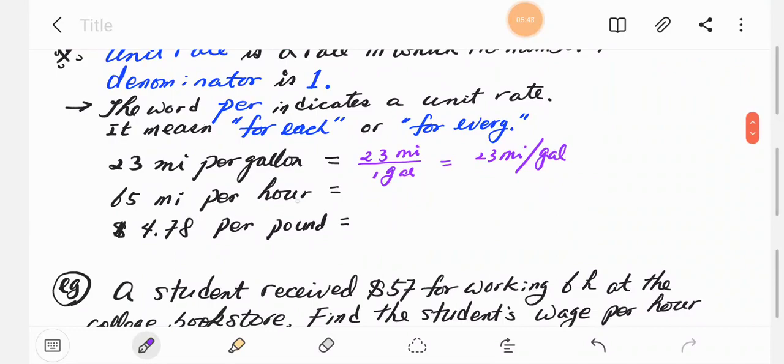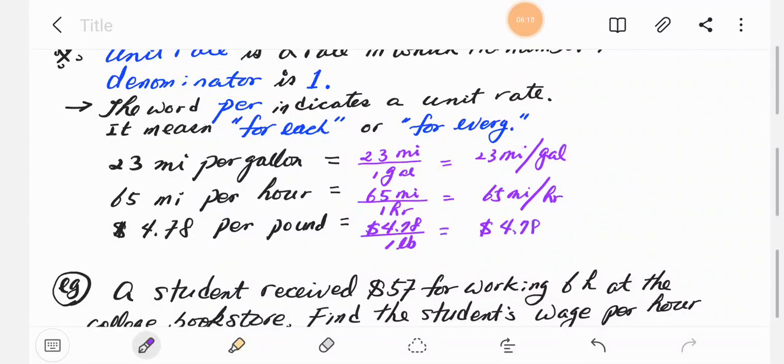And 65 miles per hour means 65 miles over 1 hour. Or you can write it as 65 miles slash hour. And $4.78 per pound, you can write it as 4.78 over 1 pound, or 4.78 slash pound.